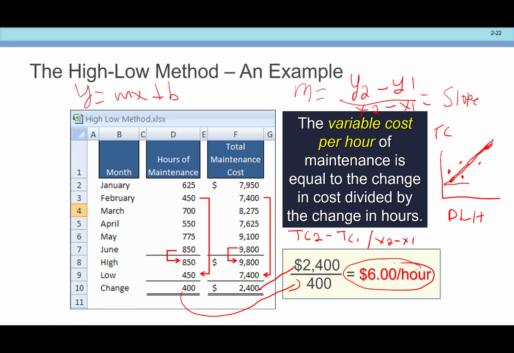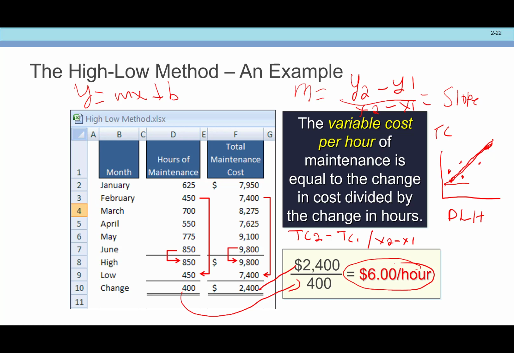Isn't that beautiful? Is it really? It's some other funky number because all the points, if all the points lined up right on this line, then we'd be the luckiest people in the world. We would have a perfect relationship between our variable cost and the number of units. Unfortunately, nothing actually works that way. But we're going to go ahead and assume that it does, right?